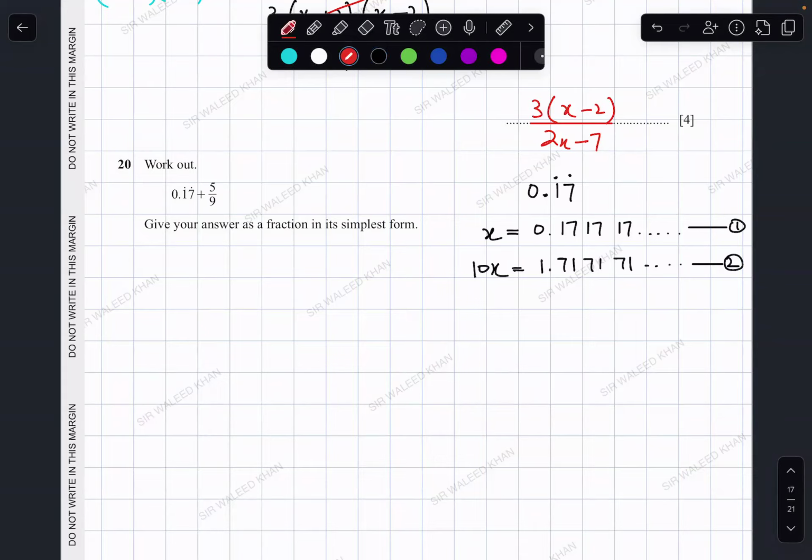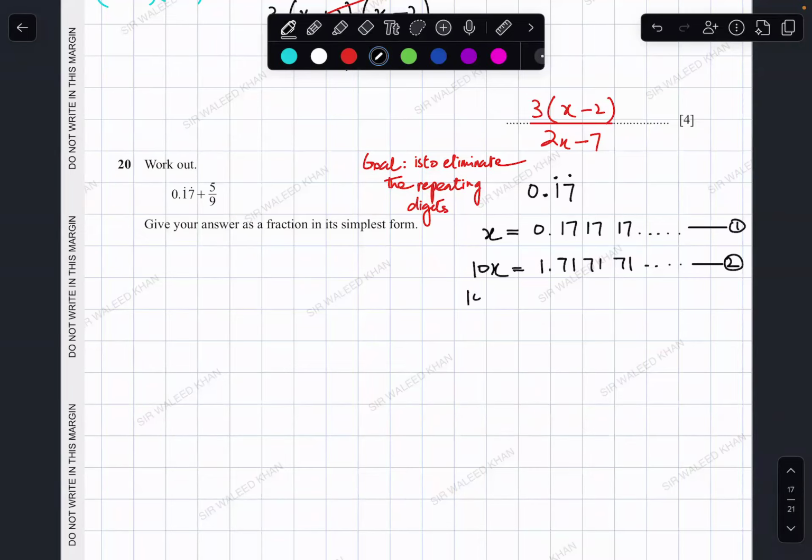Our goal is to make equations like these to eliminate the repeating digits, the recurring digits. In this case, I want to get rid of this 171717. So I have to align them perfectly. If I subtract 1x and 10x, they are not going to subtract perfectly.